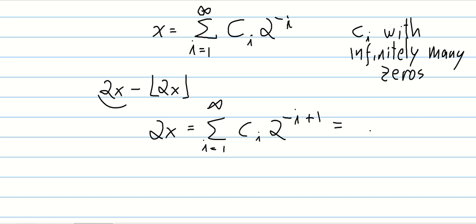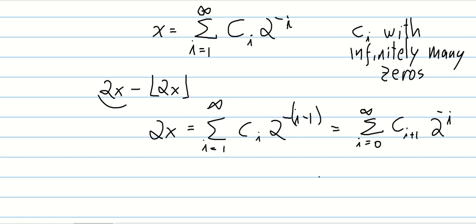We can write this as minus i minus 1. Here the counting starts at 0, and before the counting started at 1. So if we sum from 0 to infinity, we get c_{i+1} 2 to the minus i.